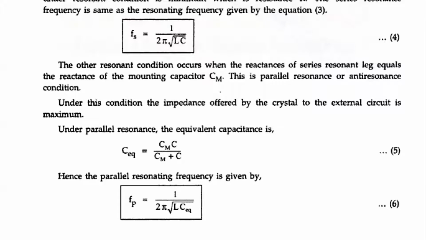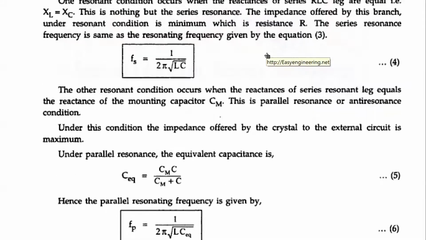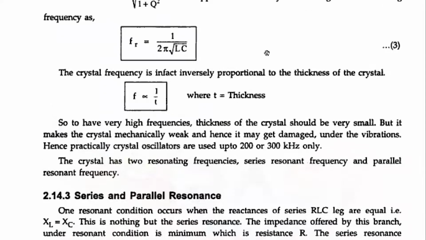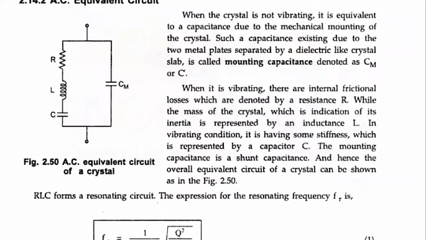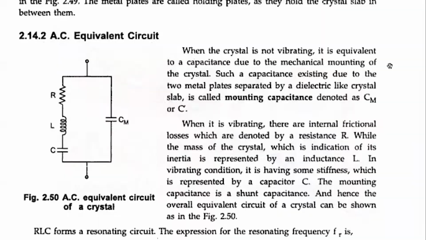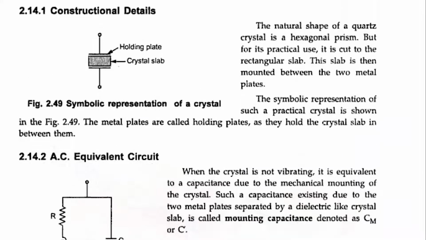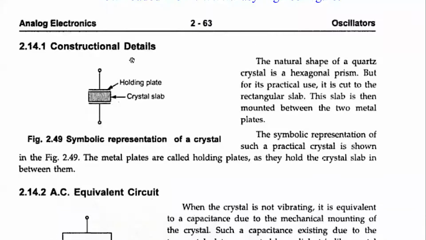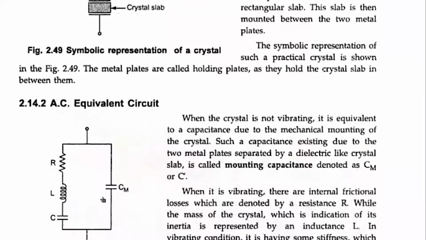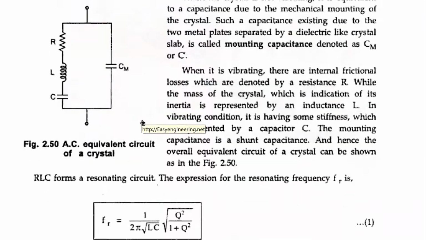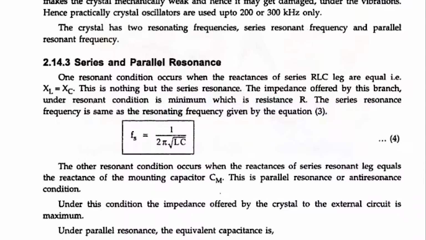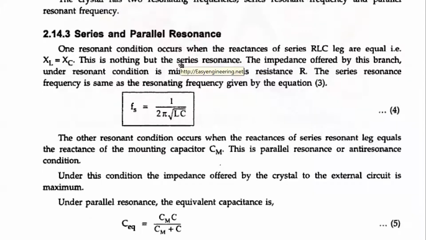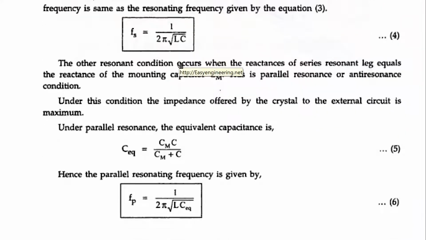Okay, so this is the essential condition for your crystal oscillator: the designer has to take care that the Cm value is much greater than C. So considering Cm much greater than C, we have both the series and parallel resonant frequencies nearly equal.